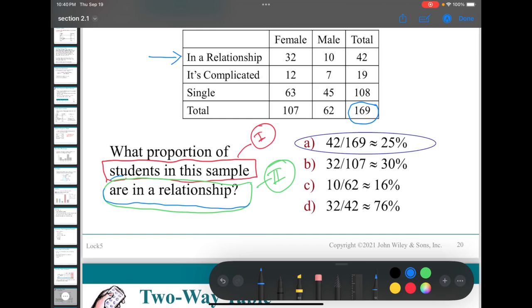So the total, regardless of the gender, is this. You have to divide the value belonging to the second piece by the value or frequency belonging to the first part. This is the easiest way to solve these kinds of two-way table problems. So it is 42 over 169.